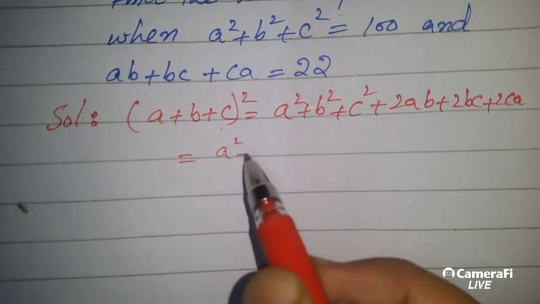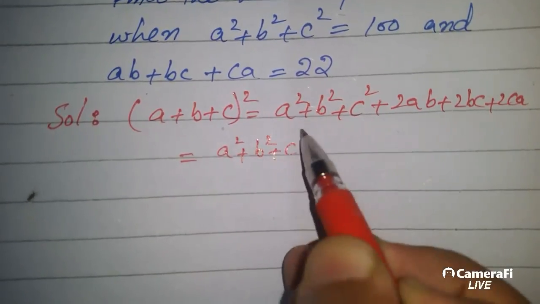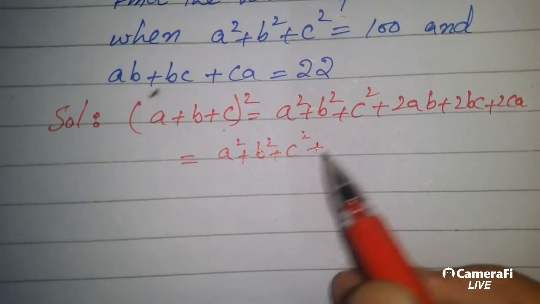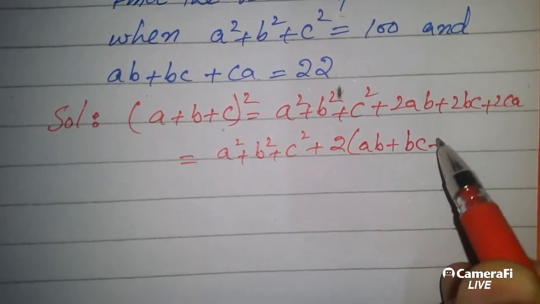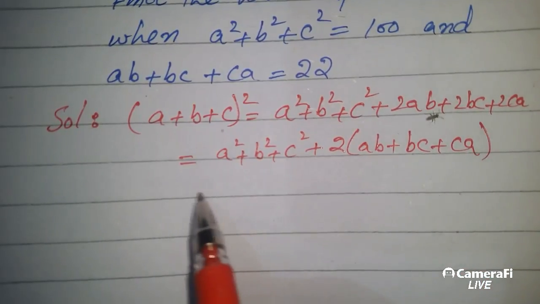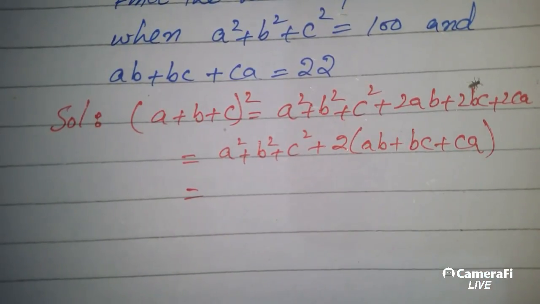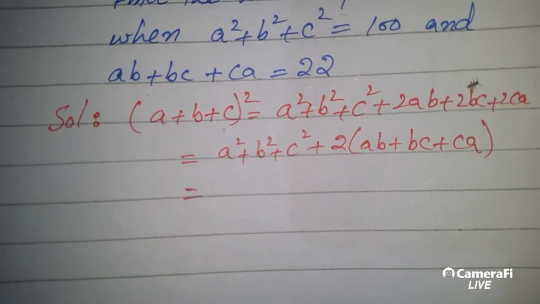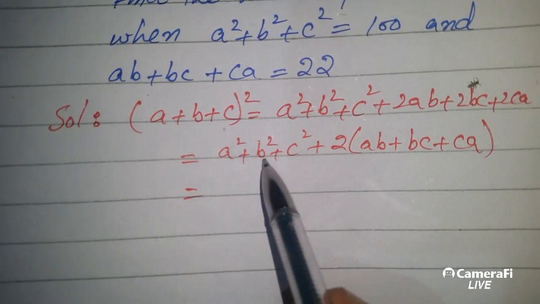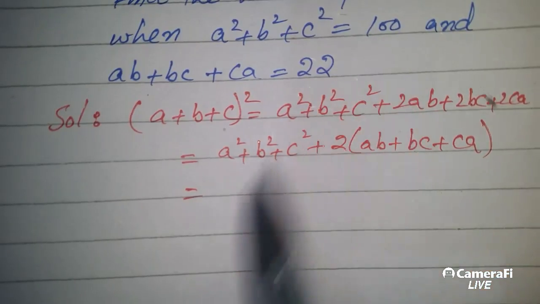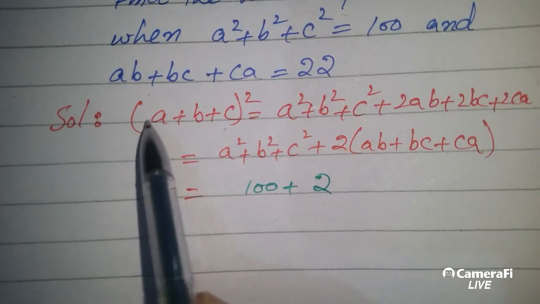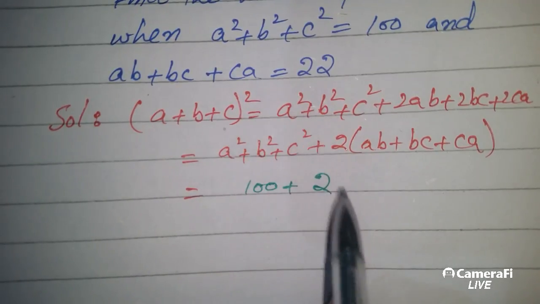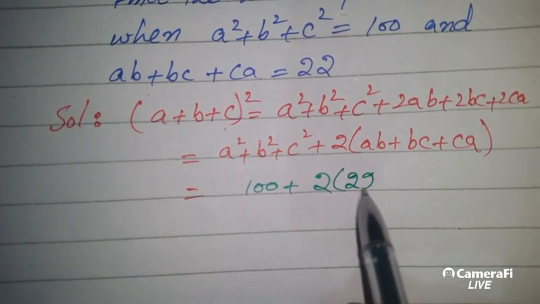A square plus b square plus c square, taking 2 as a common factor, and now putting the values. A square plus b square plus c square is given as 100, and ab plus bc plus ca is given as 22.